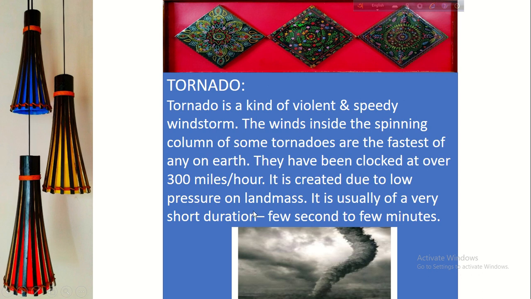Here, one thing: cyclone occurs in a vast water body, whereas tornado starts its journey from the landmass. And we have to know that tornado is such a natural disaster that cannot be forecasted, so no early warning can be gotten beforehand. Here we are observing in this picture the cloud shaped like a funnel or elephant's trunk gathering in the sky just before a tornado.